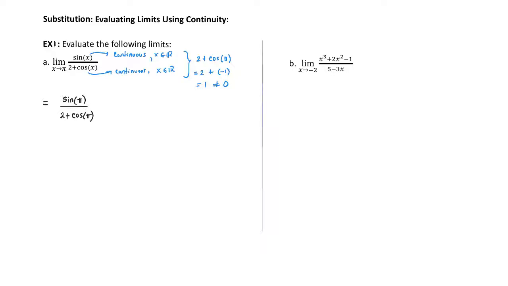So now continuing, we're going to have that the sine of pi is equal to 0 divided by 2 plus negative 1. That's going to be 0 divided by 1. This is going to give us 0. And very easily like this, we have found the limit. Isn't that beautiful?